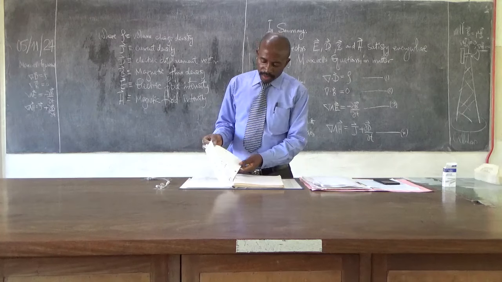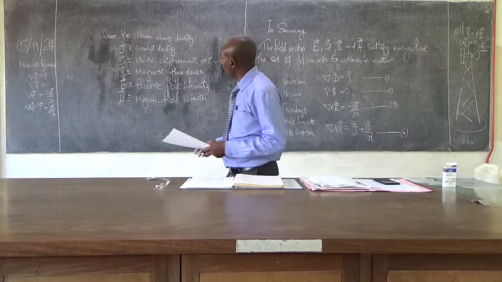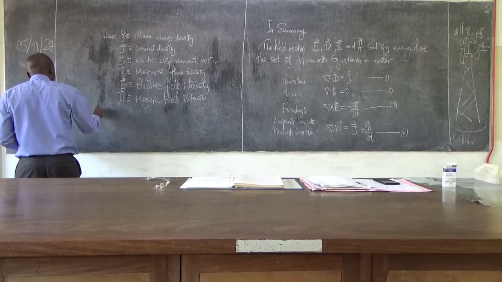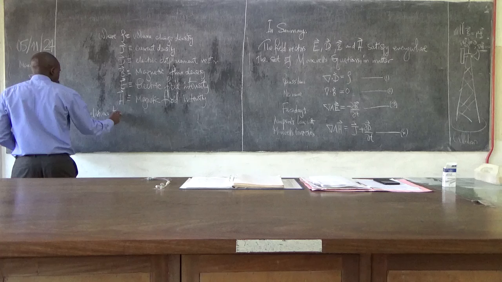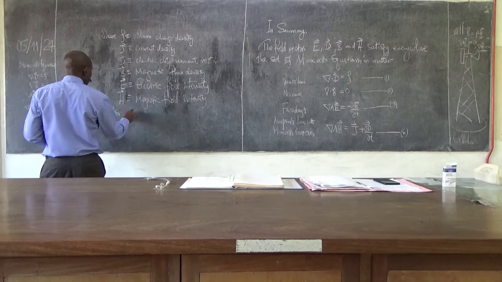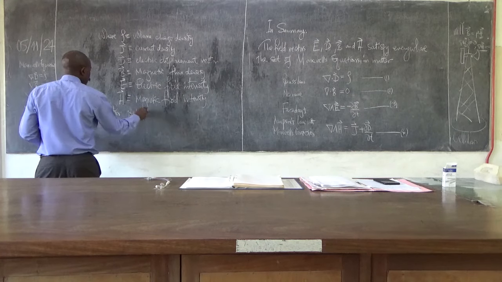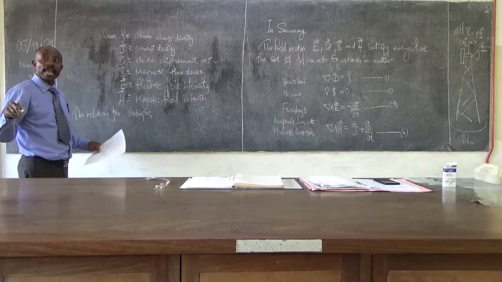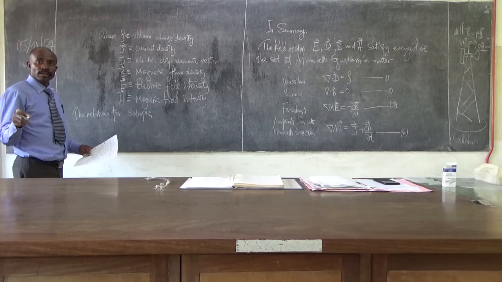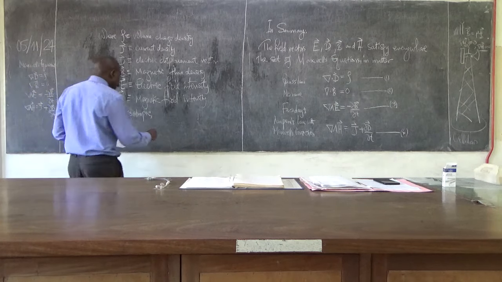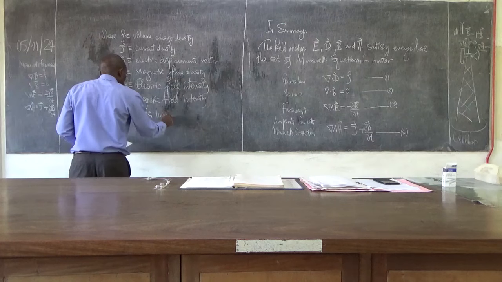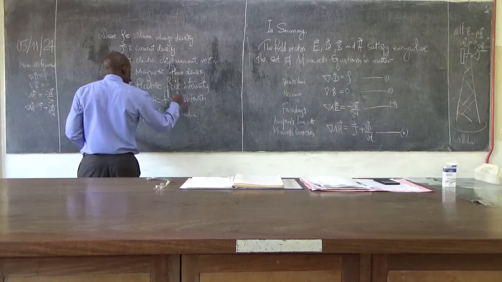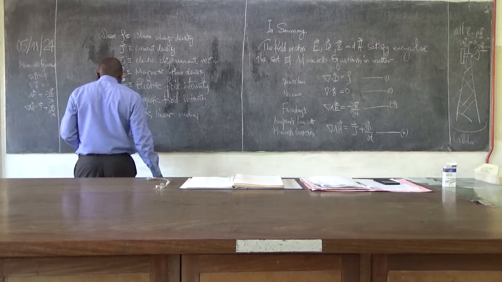So the relations for isotropic means that a material has the same properties everywhere in all directions. Linear and homogeneous media, then we can relate these field vectors.